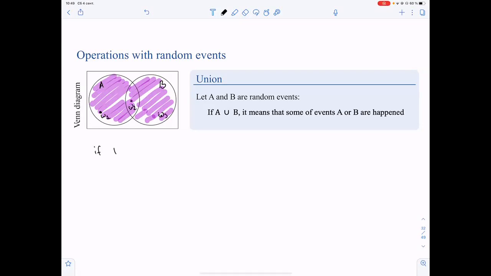If omega 1 or omega 2 or omega 3 happens, then they are all included in A unified with B, and then I say that either A or B happened. I do not care which event precisely has happened. I want to be sure that either A or B happened. And voila. Okay, thank you very much.